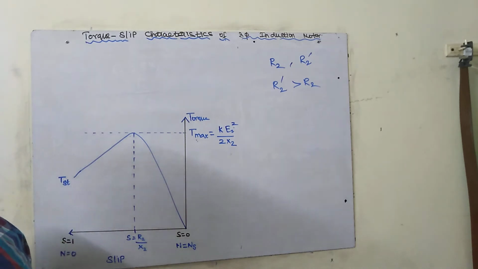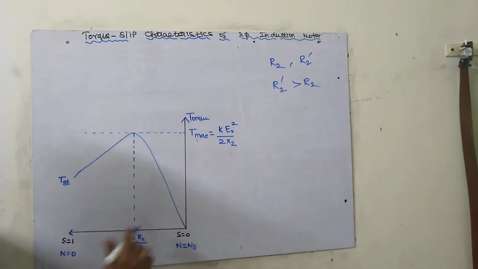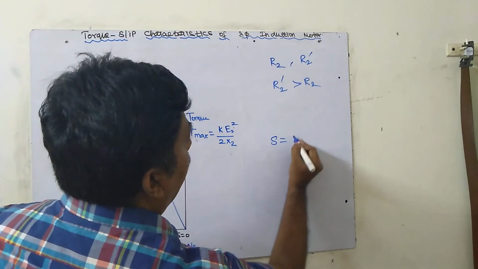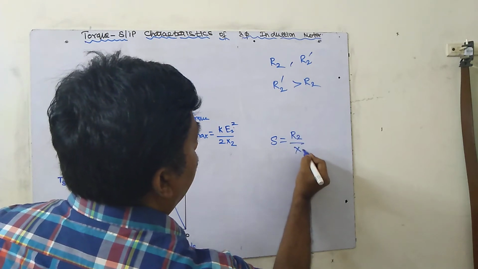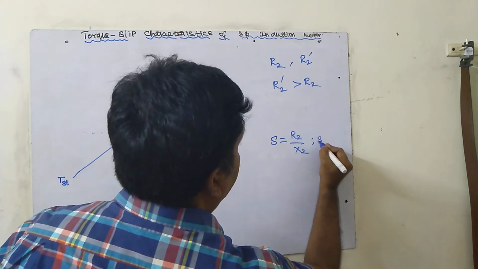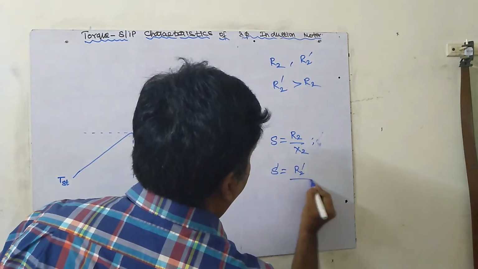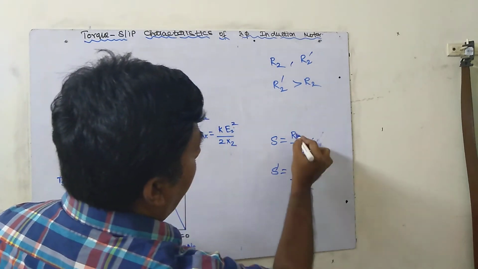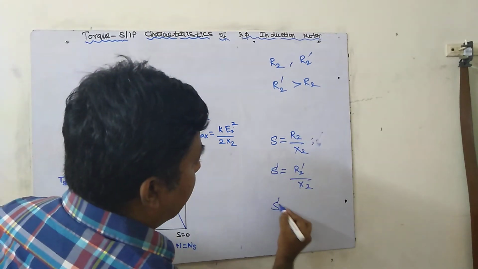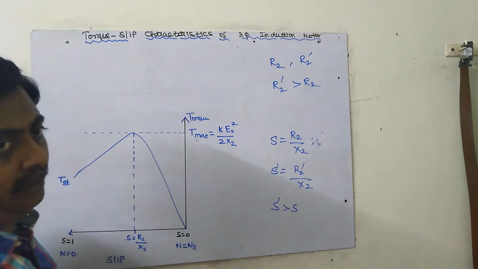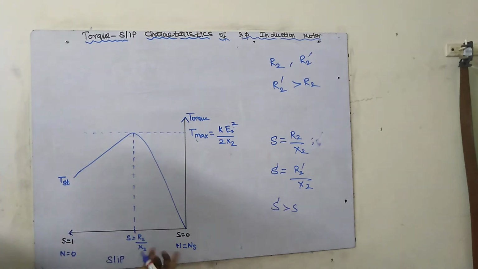But the value of slip, previously, slip equals R2 divided by x2. Now slip dash equals R2 dash divided by x2. Here R2 dash is greater than R2, so automatically s dash will be greater than s, because both are in the numerator. Greater means which side? This side.